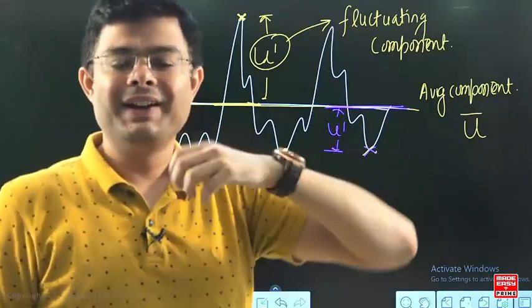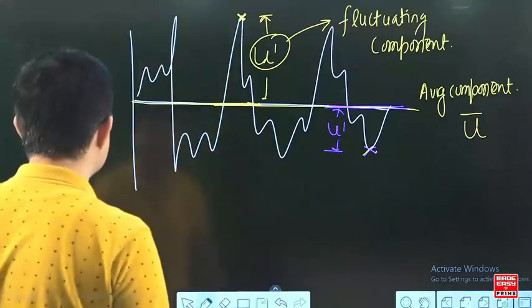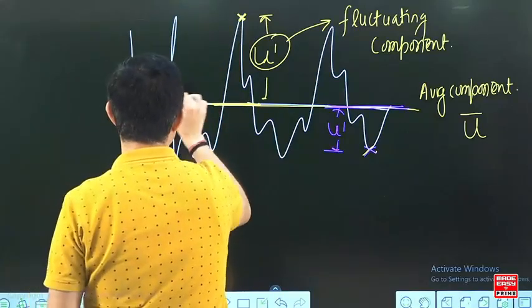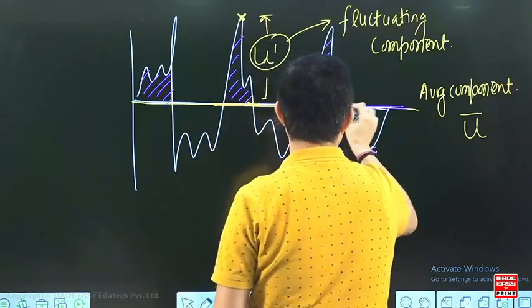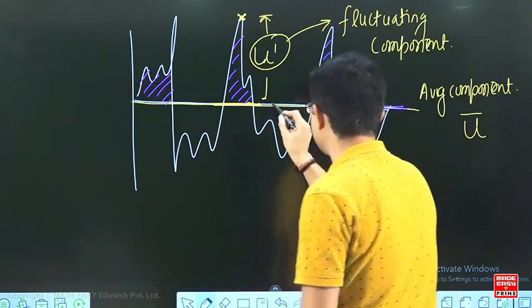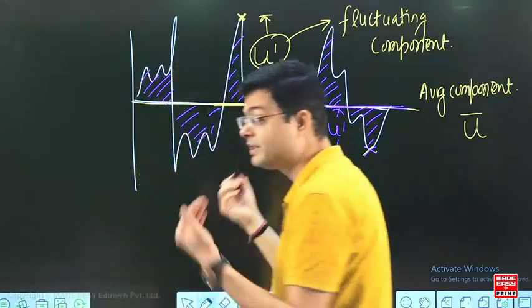And see, if you people are engineers, at least you should be knowing this. The meaning of average is that all the values which are lying above this and all the values which are lying below this, the time average of all of them is going to be 0.